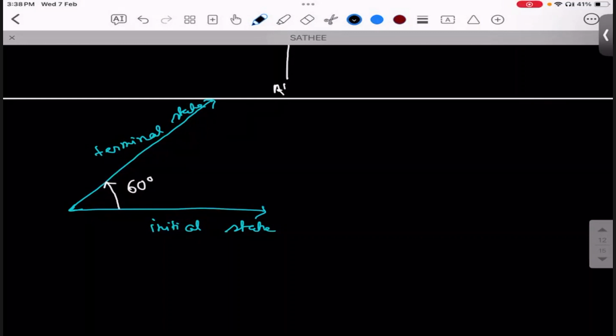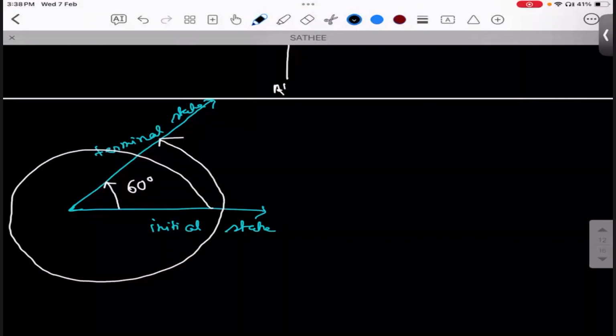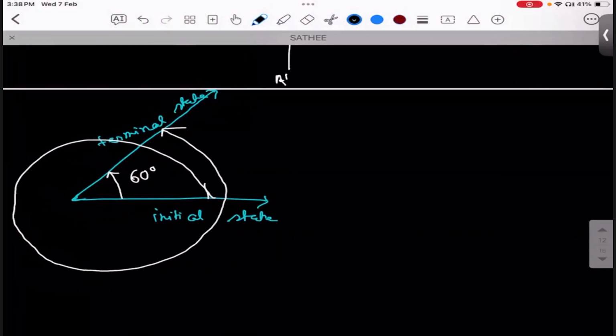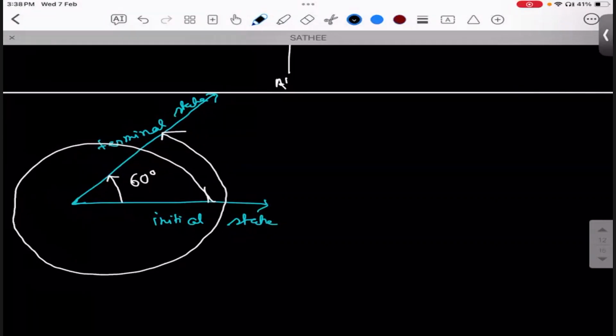Now one thing can happen: the terminal side started from the initial side, completed one complete revolution, and then ended up at this point. So what will be the measure of the angle? I know this is 60 degree, but it completed a complete revolution and then ended up at that point. A complete revolution stands for 360 degree.